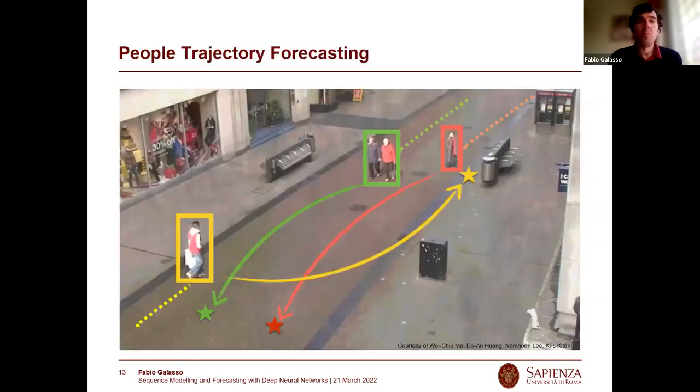So before meeting with Elise and Chris, I have been mainly focusing on, and I'm still doing research on, these tasks. So people trajectory forecasting, meaning that I'm trying to predict where the people are going to go based on their previous positions.